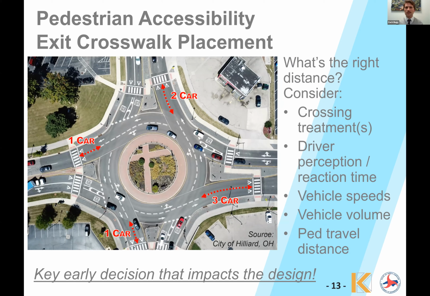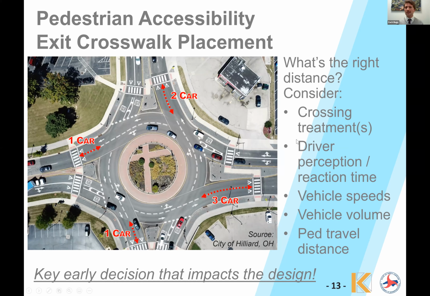And then also for queue storage, if you've got higher vehicle volume, you may want to provide that additional queue storage on the exit so that there's not as much queue spillback into the roundabout. Then finally, having the visibility, the reaction time and the braking time for vehicles traveling through the roundabout, and then having the distance to brake ahead of the exit.